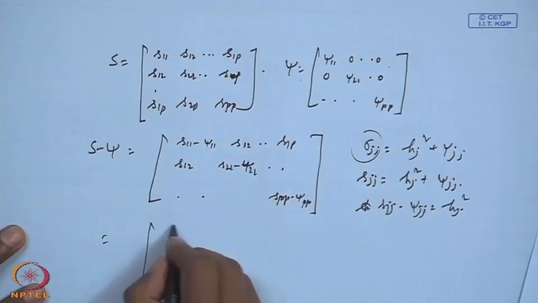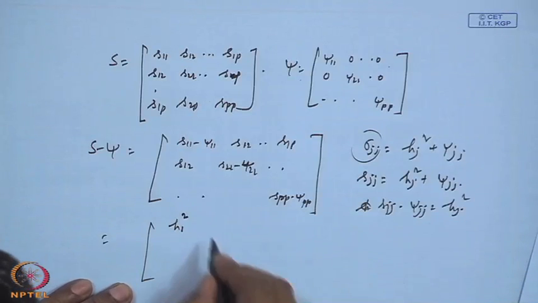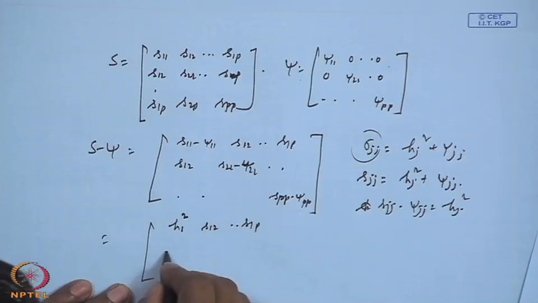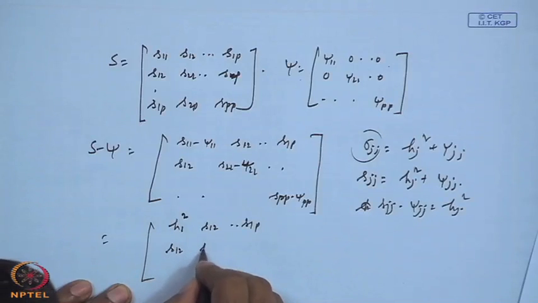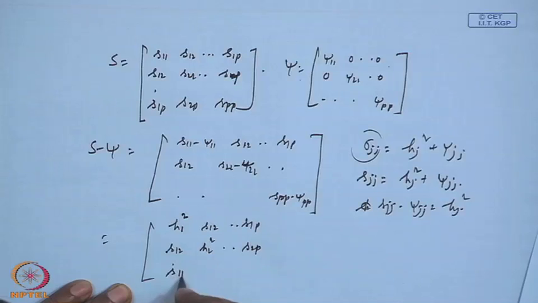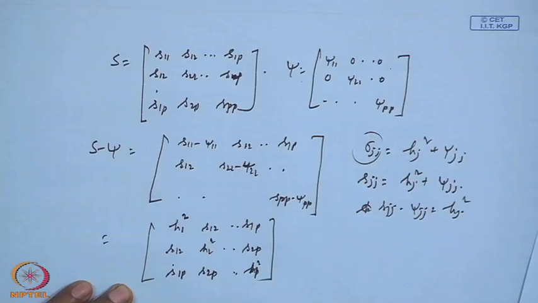So you are writing here h1 square, h12 ... h1p, h12 h2 square ... h2p, ... 1p 2p ... hp square. Now you factorize this.